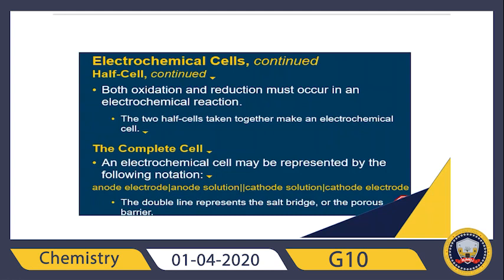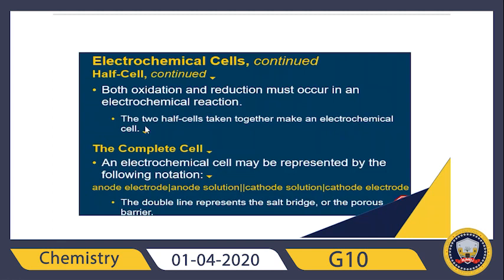At the anode, oxidation will take place. At the cathode, reduction will take place. During the oxidation reaction, electrons will be released, and these electrons will move from the anode to the cathode. All these compartments together will give us what we call an electrochemical cell.